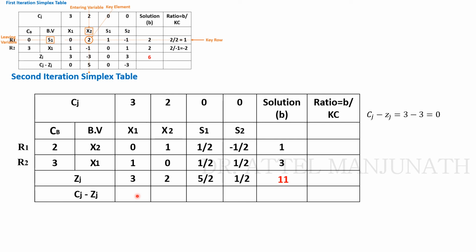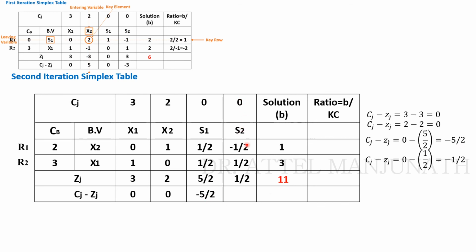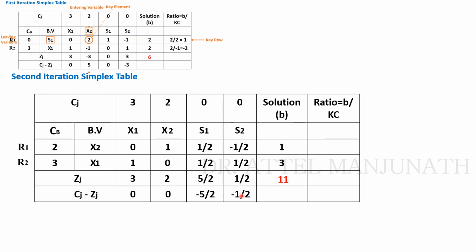Now calculate the Cj minus Zj values. So here 3 minus 3 is equal to 0. For the second value, 2 minus 2 you get 0, and for the third value, 0 minus 5 by 2, you will get minus 5 by 2 here, and 0 minus 1 by 2, you will get minus 1 by 2 here.